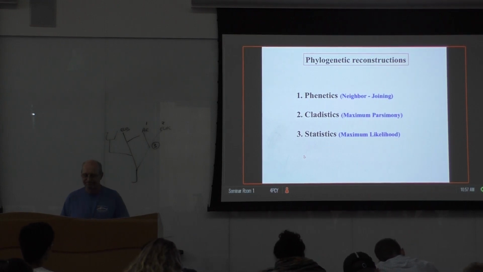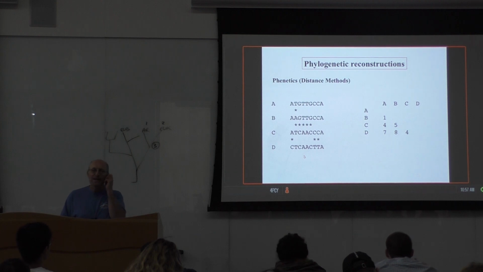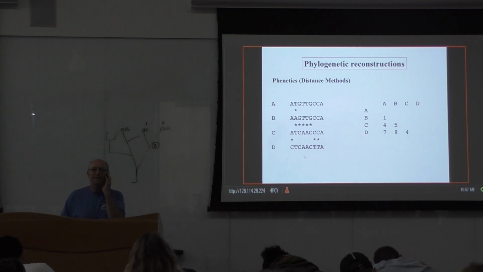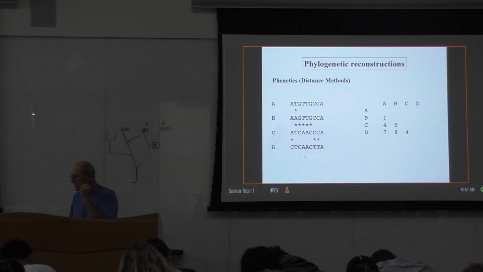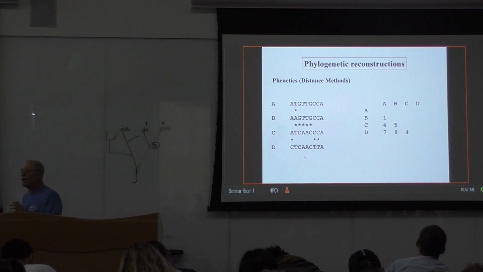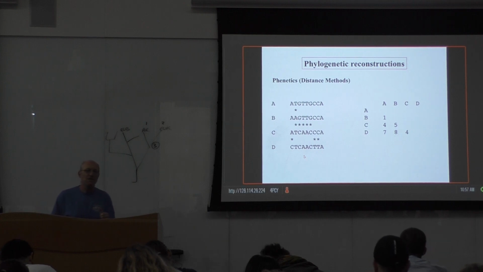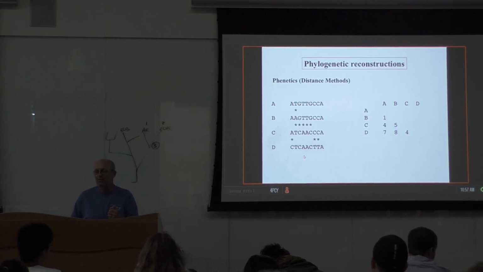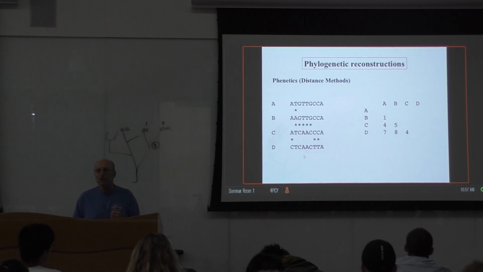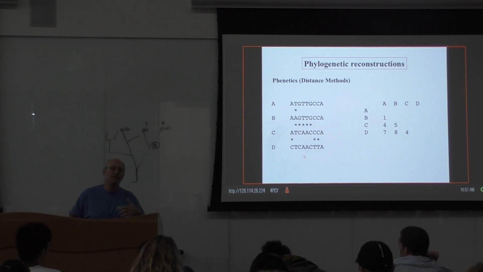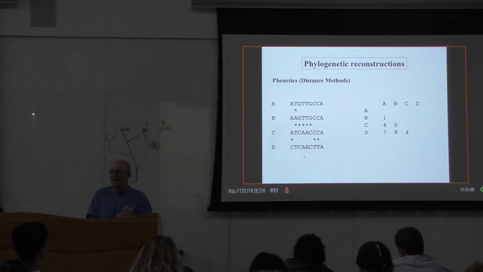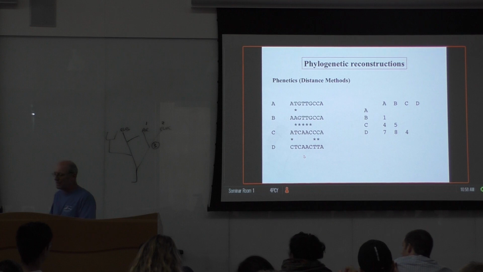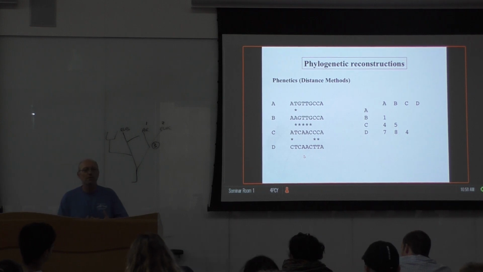Good. Phonetics. Phonetic methods are what are called distance methods. And distance methods have a number of advantages. First of all, intuitively, they are really easy to understand. Meaning, usually people always ask me, oh, can you tell me if this one is more distantly related than this one? Just by saying distantly related, you're already in the realm of phonetics.